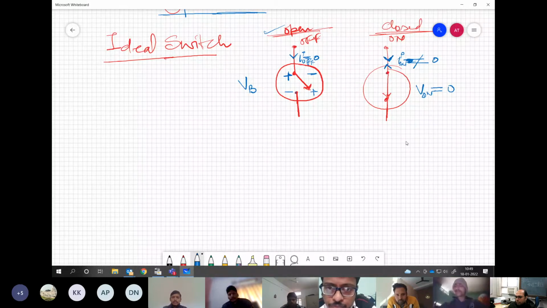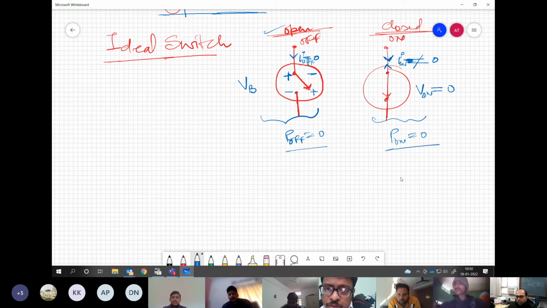Yes, sir. Now tell me, what is the power loss when the switch is off? Zero. So during the off time we have zero power loss, and during the on time? Zero. This is the property of the ideal switch. Whenever it is open, it will not allow any current across it. It will block any voltage.